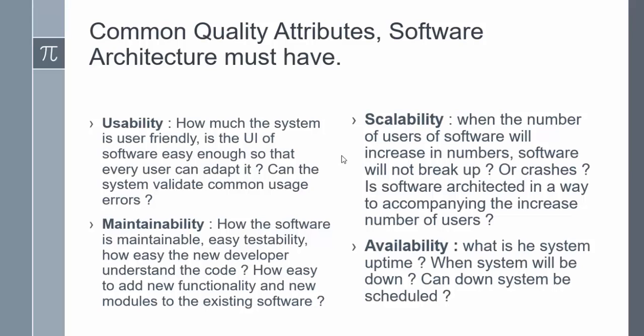And if you are running some kind of website maintenance, what will be the downtime of the system, and will the downtime be scheduled in advance for the website, or the desktop application, or whatever software you are going to develop? So availability is how the software is going to be available, and for how much time. This availability is another quality attribute.